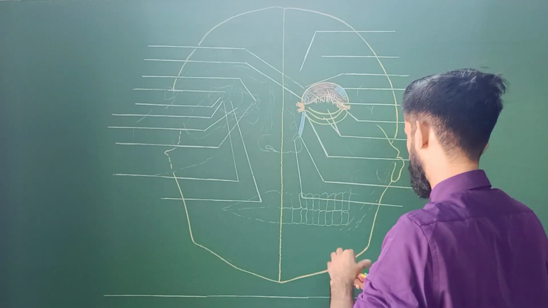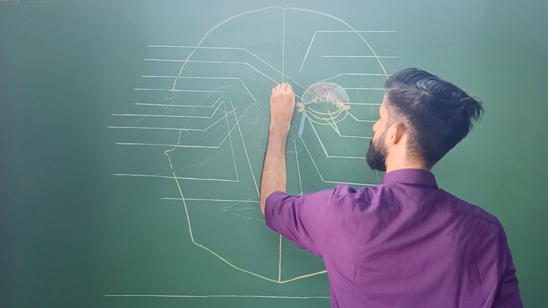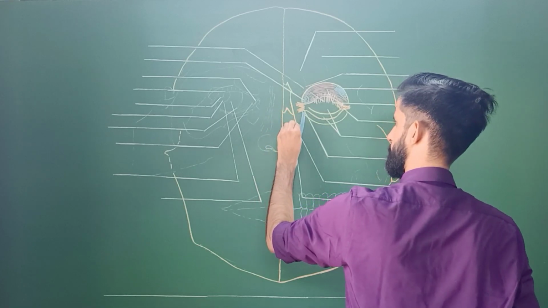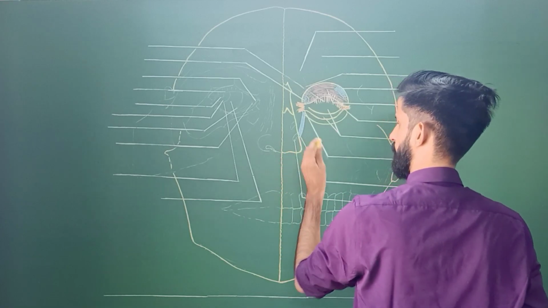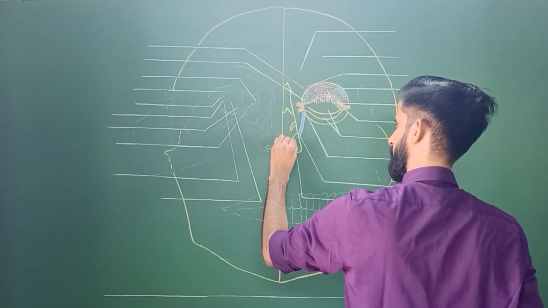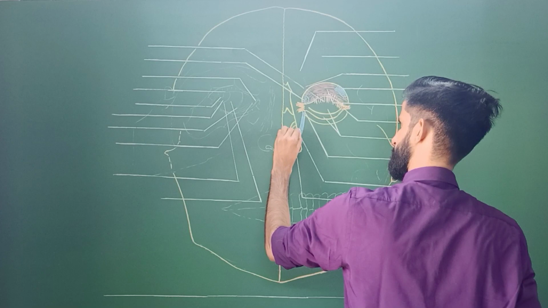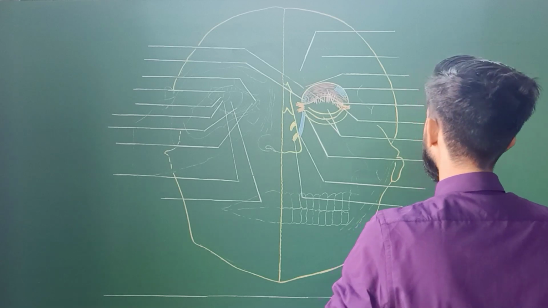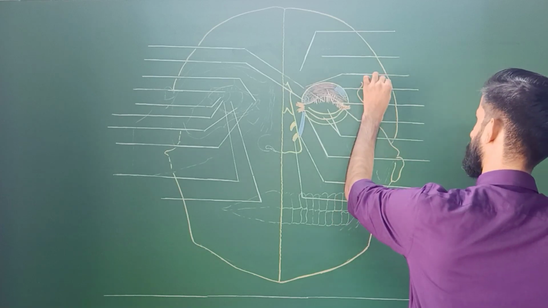Now, once we are through with this, then we will go to the nose section. Now, in nose section, this has to be the middle meatus and the inferior meatus. Some bony extensions.